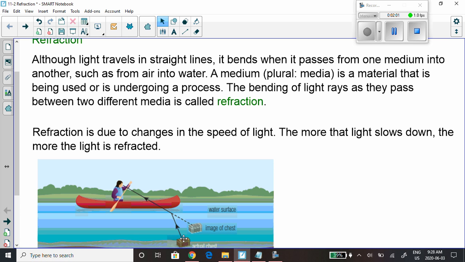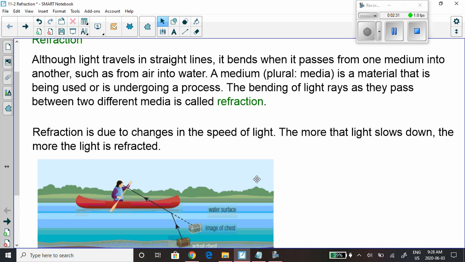So the light travels in the water, hits the boundary between the water and the air, and bends. And now it has a new direction, and it goes into the person's eye. And the person sees the chest. But the person sees the chest as if it's here. Let's extend this refracted light ray, and it looks to the person as if the chest is right there.